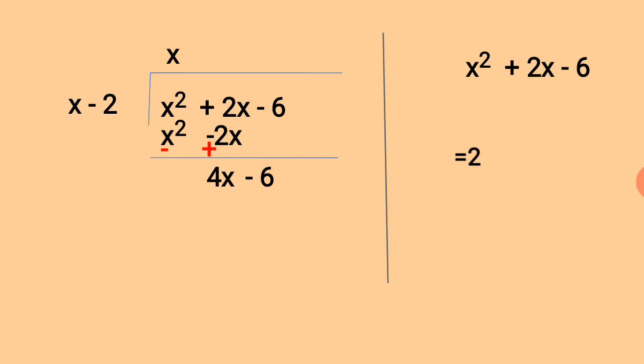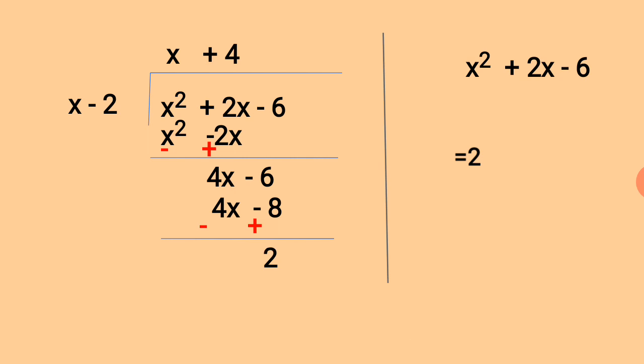Check the degree of the divisor and the 4x here. The degree is same. What are we then supposed to multiply with the divisor? It has to be plus 4. So now when you multiply plus 4 to x, you get 4x. And when you multiply plus 4 to minus 2, you get minus 8. The next step is subtraction. And 4x minus 4x is 0, whereas minus 6 plus 8 is 2.